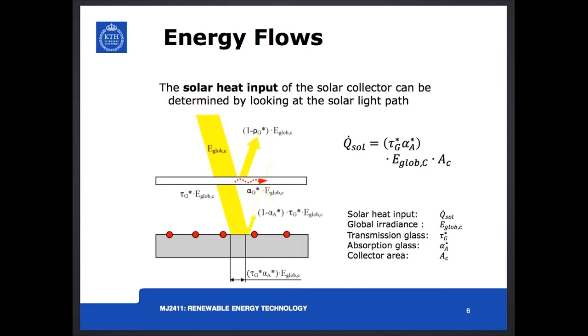Here again, the product tau G times alpha A is referred to as the optical performance. Q sol can easily be calculated knowing this as tau G times alpha A times the global irradiation times the collector area A_C.